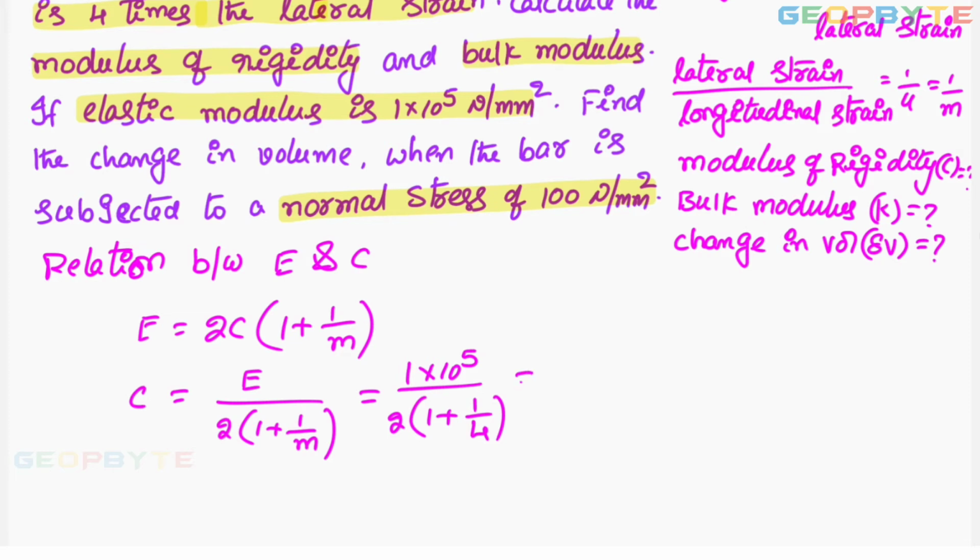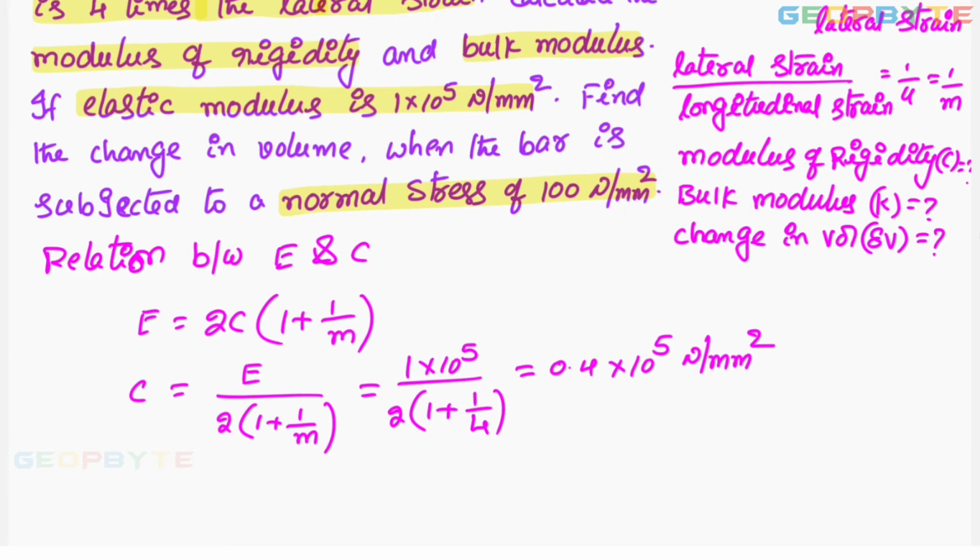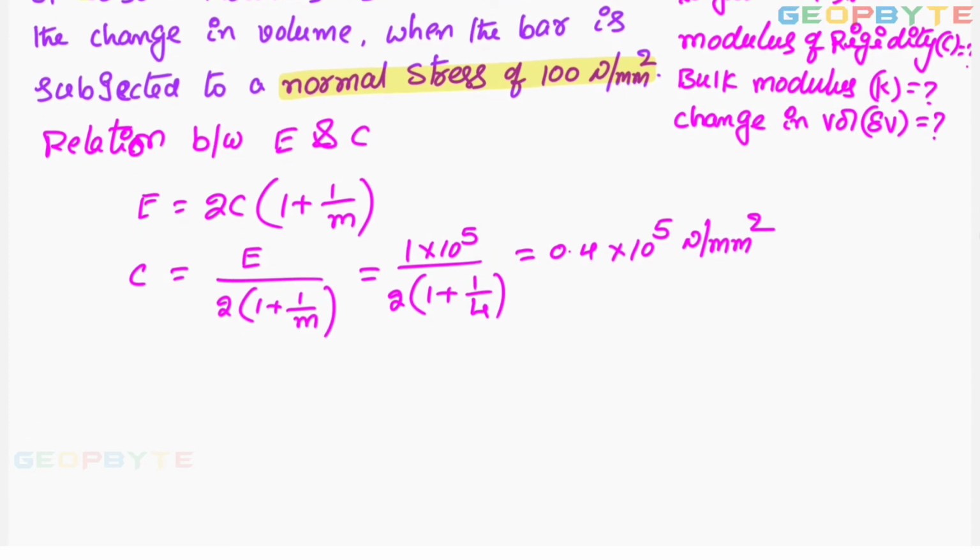Simplify this value for getting 0.4 into 10 raised to 5 Newton per mm square.